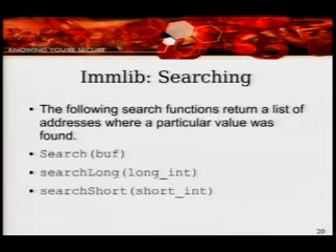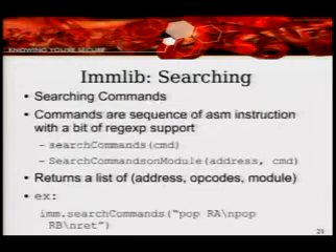So the Immunity Debugger API has a lot of searching methods, like the simple search, which will search in memory, or, for example, searching commands, which you can use to search regular expressions.